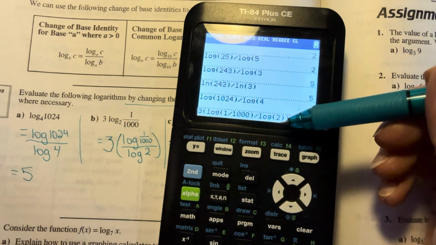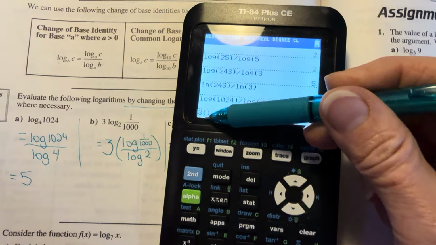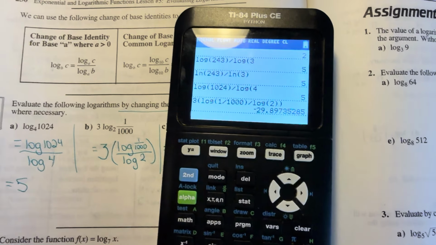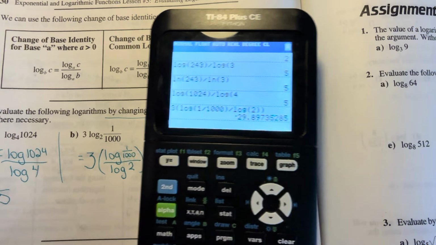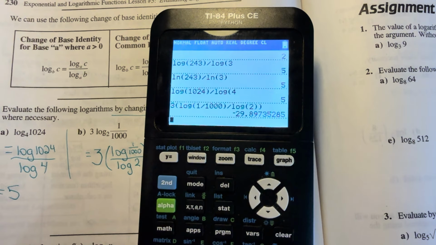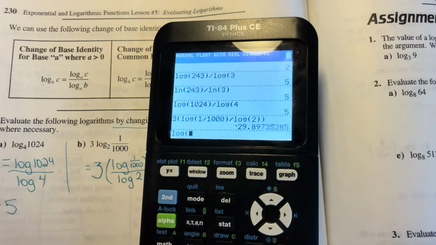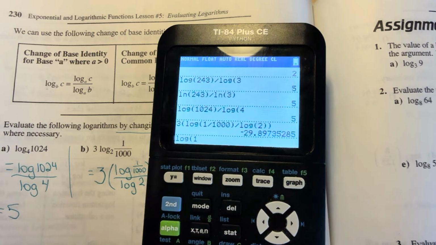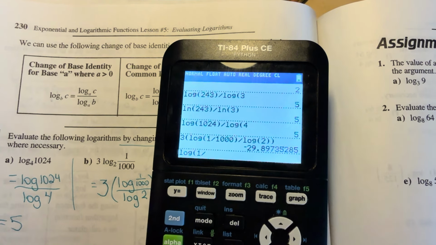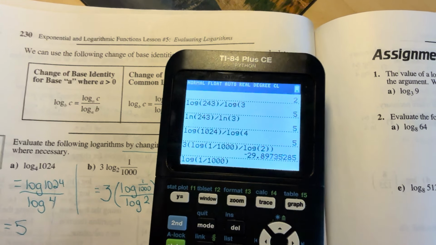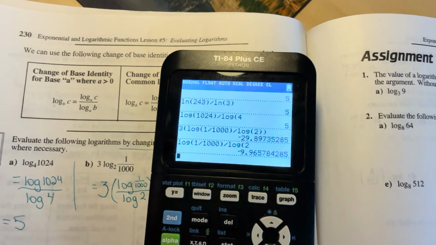And then I put the end bracket here to match this bracket. I feel like that's not right, but I think it's okay. Let's just do log of 1 over 1,000 divided by log of 2.